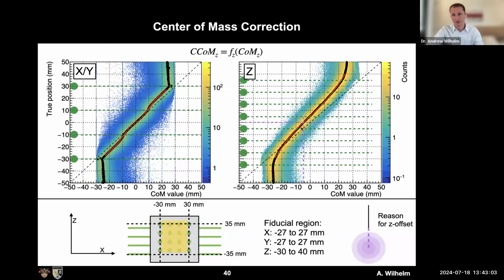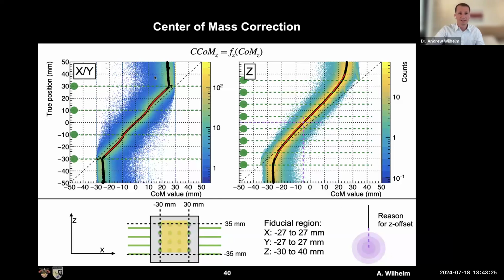Similarly in the Z direction, you can see that the distribution is tighter, as we expect, because there's more information. There's also an offset related to the fact that all the photons from the fiber are pointed straight down, both in experiment and simulation, so they move on average about one mean free path before interacting and creating a light bulb.